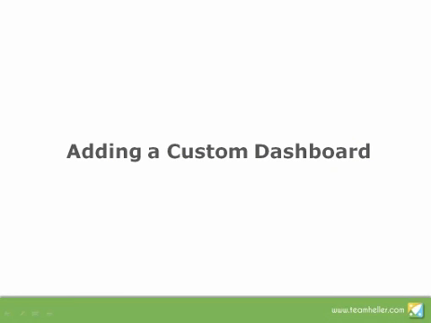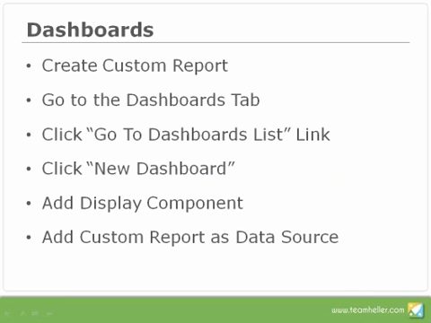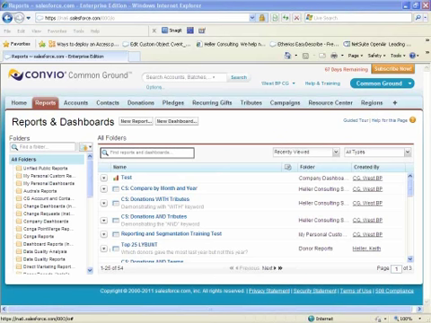It's always nice to have them on a dashboard. At the most basic, to create a dashboard, you would create your report first, go to the Dashboards tab, go to Dashboards List, click New Dashboard, add a display component, and then add the custom report as your data source. Let's walk through that.